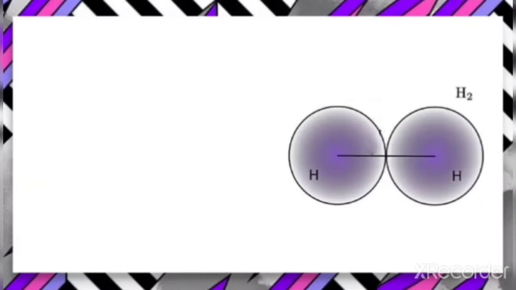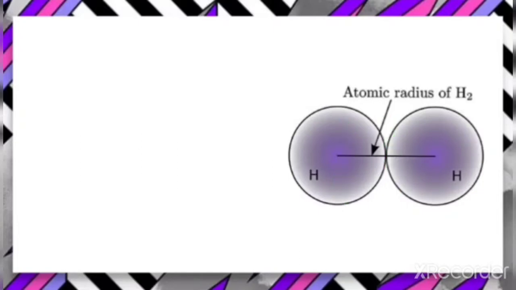So instead of finding the radius of an atom, the internuclear distance between the two atoms in a molecule is taken. Half of this internuclear distance gives the atomic radius for that atom.